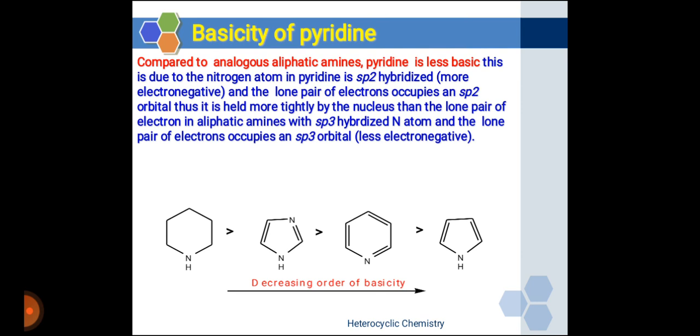Then pyridine, which has an sp2 hybridized nitrogen, is higher in basicity compared to pyrrole, which has an NH in the 5-membered ring, so it is low in basicity.